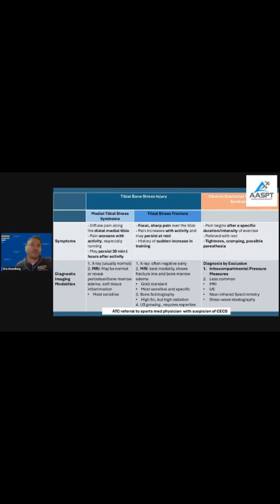Once again, very similar to what we're going to see with bone stress injuries. But the main symptom that you're going to find with these folks is that they're going to report a tightness or a cramping, or possible paresthesia, numbness, tingling, neurovascular types of complaints that may or may not be present with tibial stress fractures. So like I said, these are a diagnosis by exclusion.